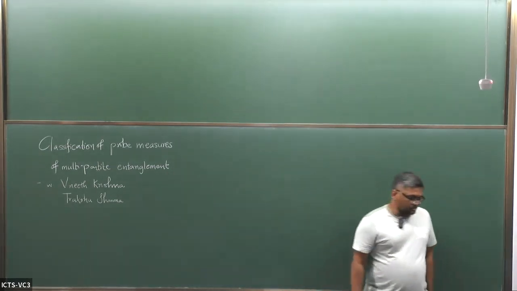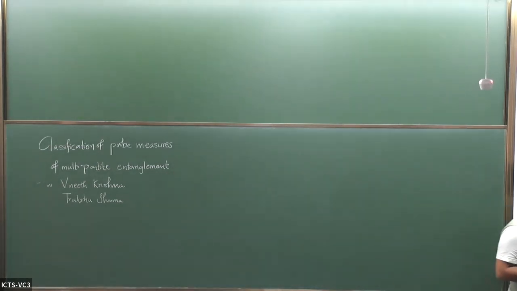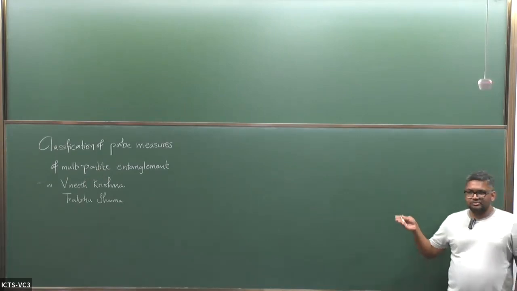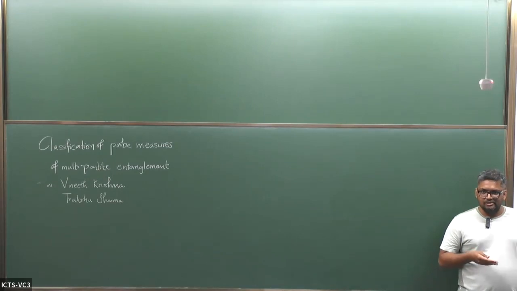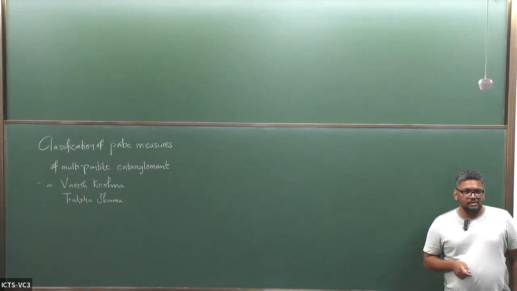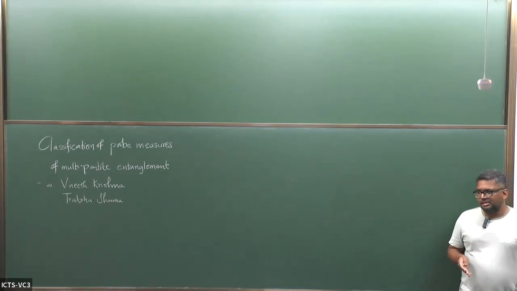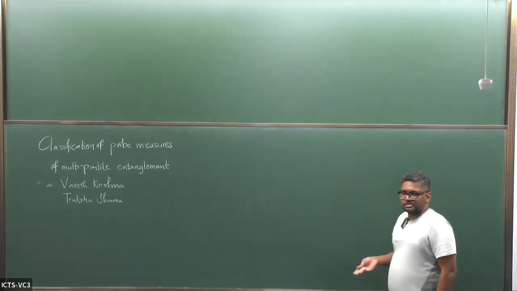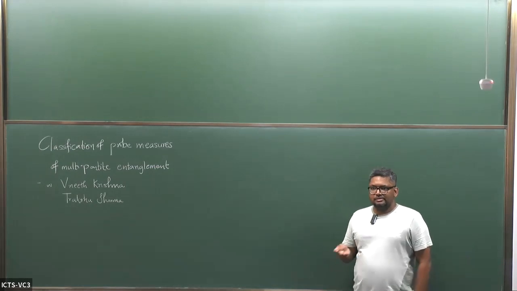So exactly, you could choose to impose this condition, but it turns out that the condition that it should be nice from a holographic point of view is already a stringent one. So I'm not going to consider that condition in the program of classifying probe measures. What I will mean by measures are the quantities associated to a state that are invariant under local unitary transformations.